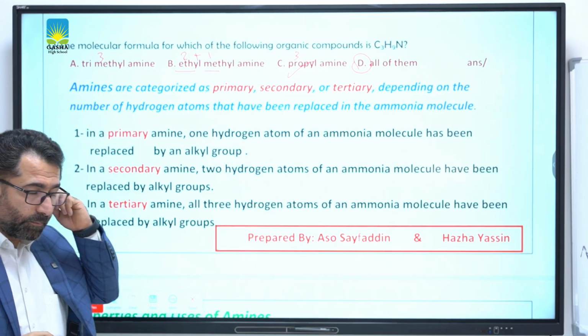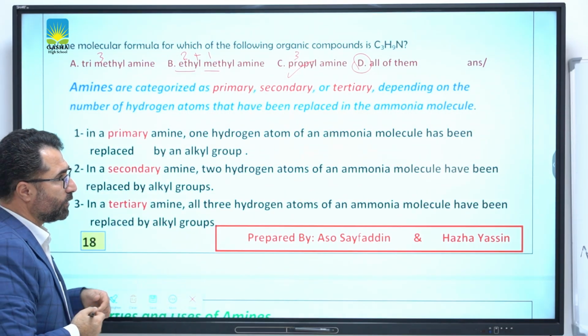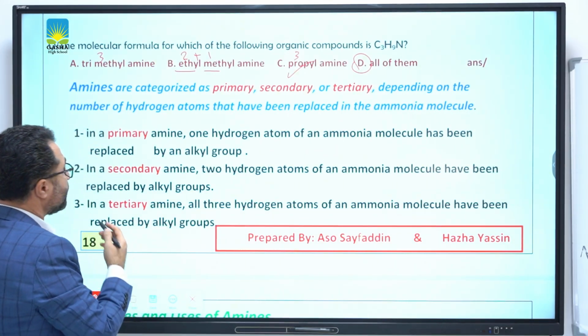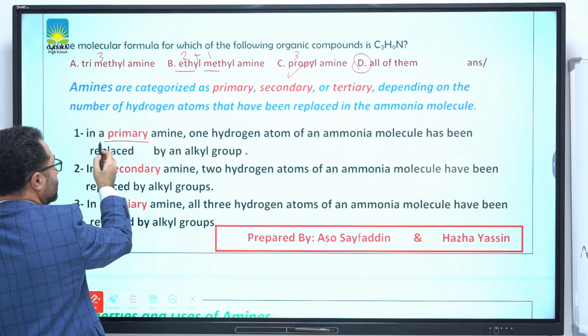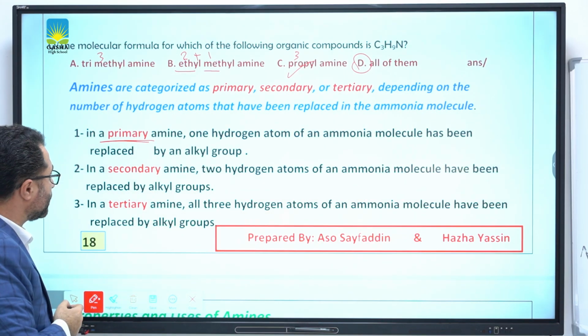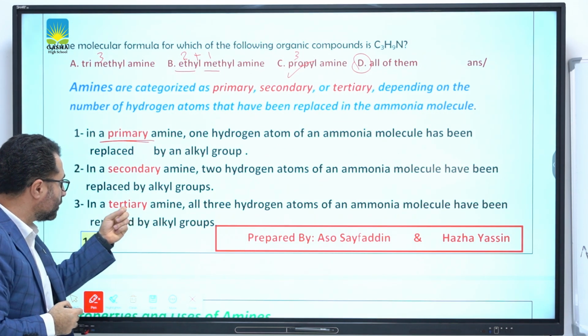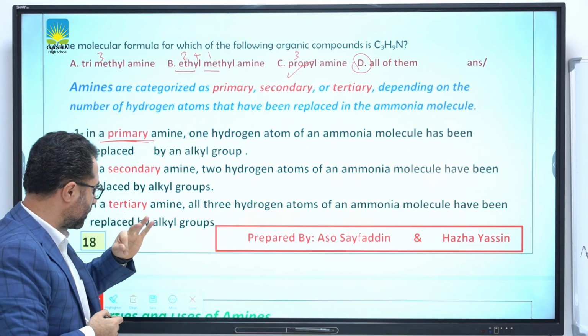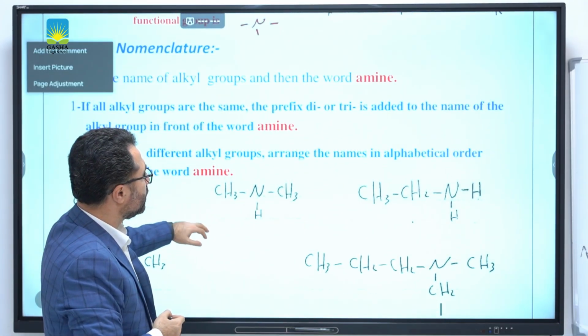We have 3 groups of amines according to replacing of hydrogen in ammonia. We have primary, secondary, and tertiary. In primary, only 1 hydrogen is replaced by an alkyl group. In secondary, 2 hydrogens are replaced, but in tertiary, all 3 hydrogens are replaced by alkyl groups.